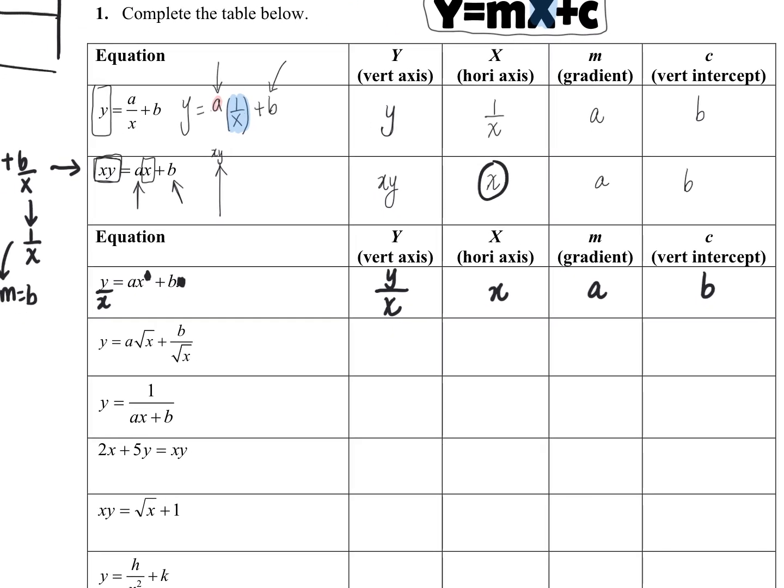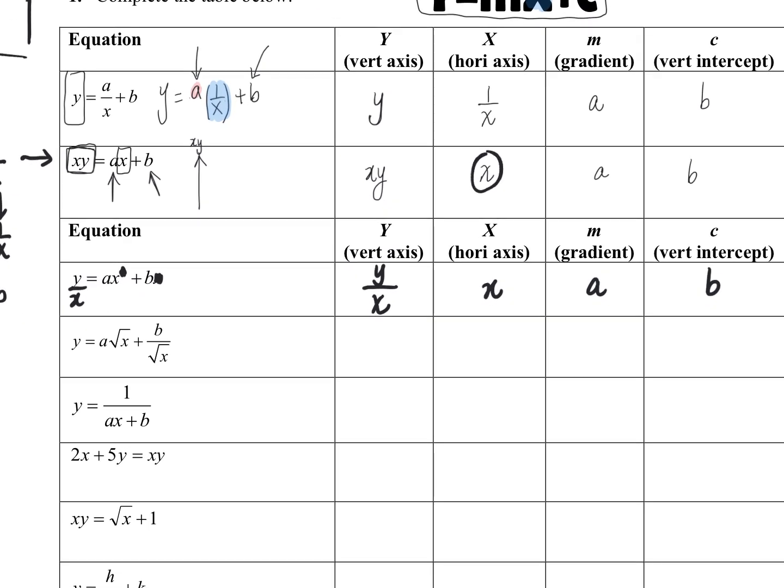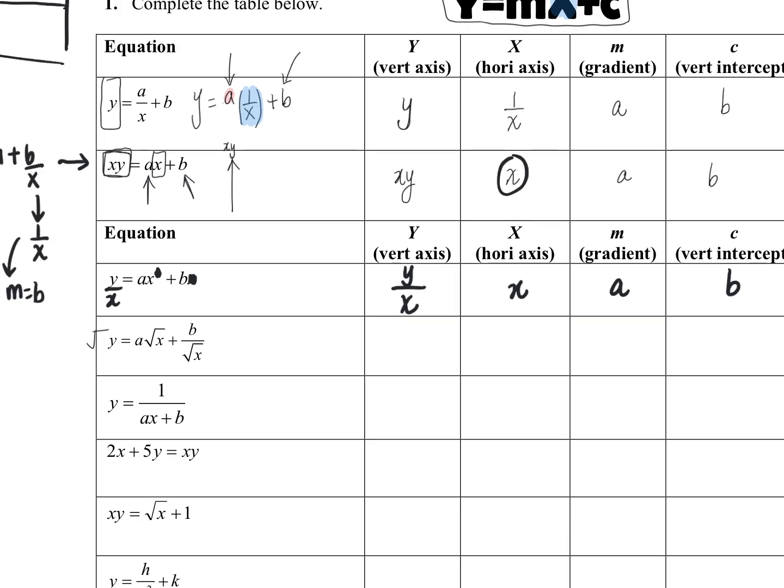How can I get my y, x, and gradient and y-intercept? Divide? No. Okay, so we multiply throughout by square root x. So square root x times square root x, the square root disappears, and then this one is gone.